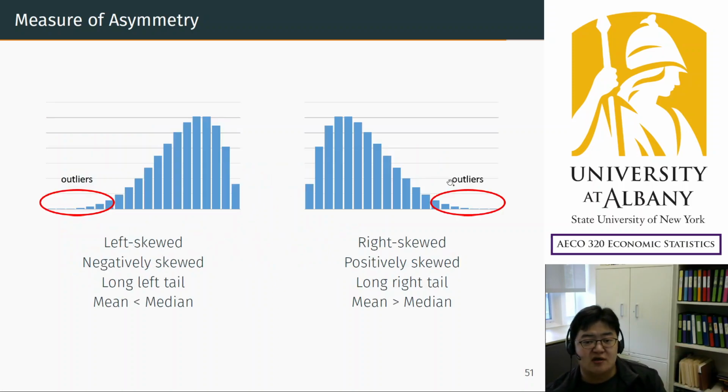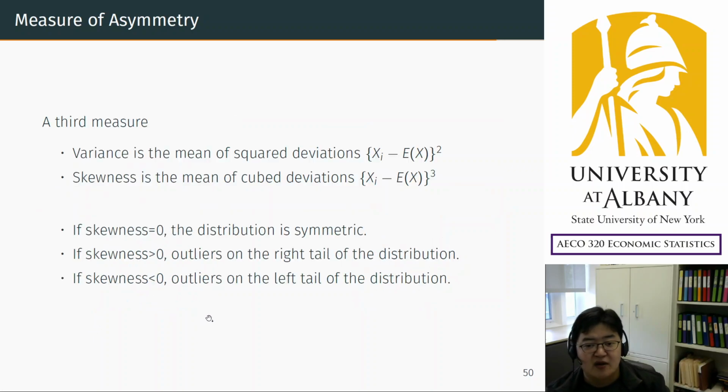Have a look at this. If you think about a distribution like this, the outliers are here. The tail is long on the left side, and we call this left skewed, negatively skewed, or left tail is long. You can also find the mean is smaller than the median. But overall, the best measure is to calculate this skewness, and you will find skewness will be negative.